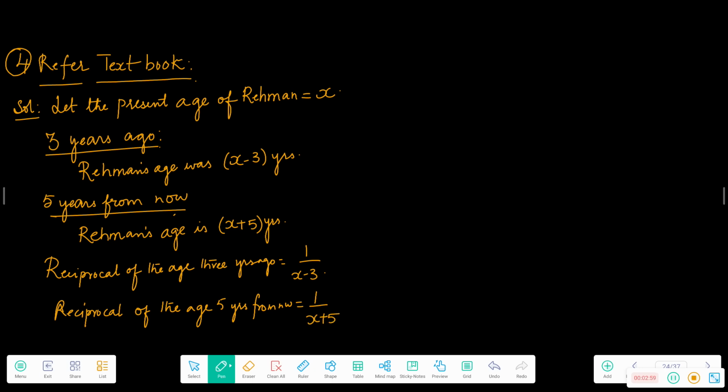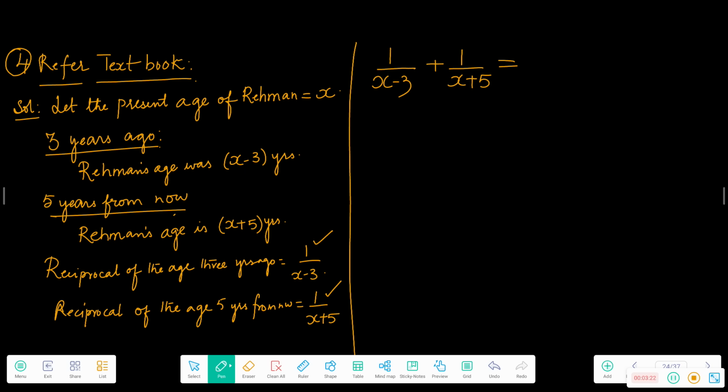So next, what is given? The sum of the reciprocals of their ages 3 years ago and 5 years from now is 1 by 3. So the sum of the reciprocals is 1 by 3.